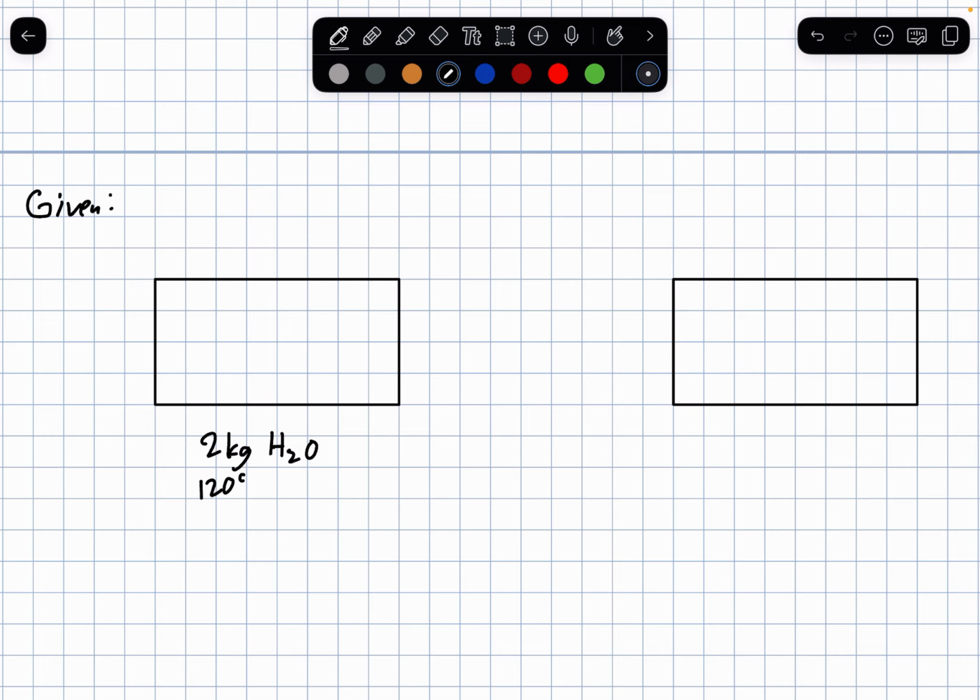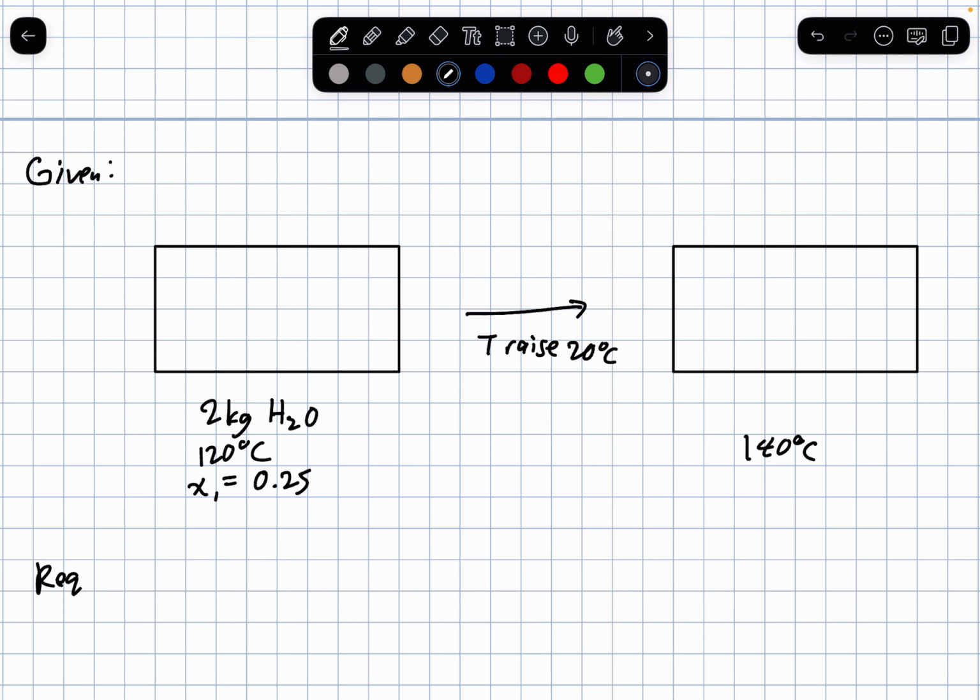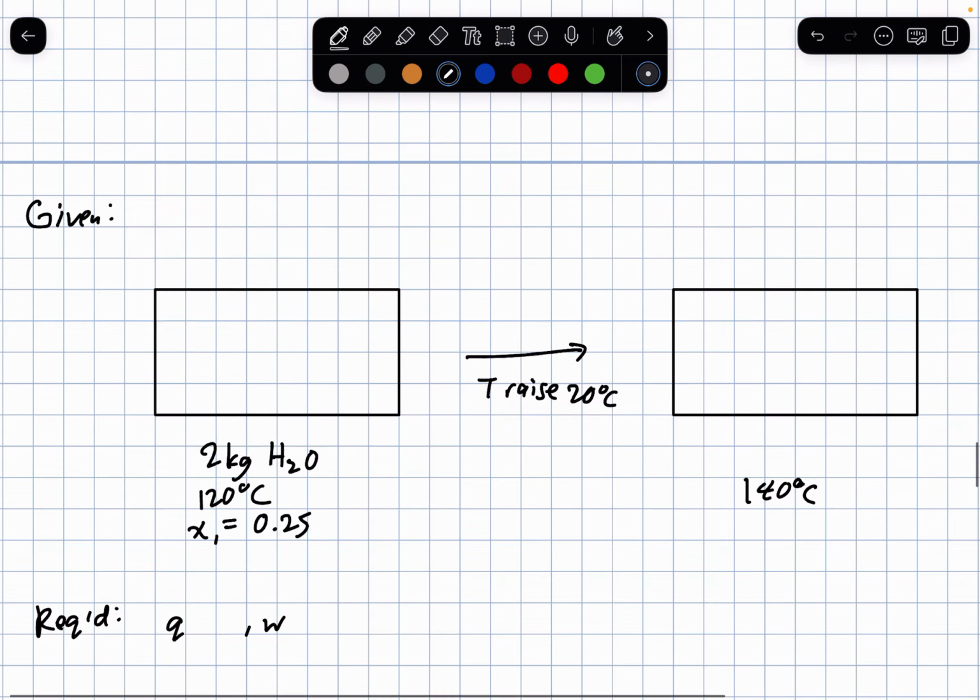At 120 degrees Celsius with a quality, so this is X sub 1, 25%, has its temperature raised 20 degrees Celsius. So that's going to be 140 degrees Celsius here. What are the heat transfer and work in the process? So that's what's being required now. Required, we have heat transfer and work in the process.